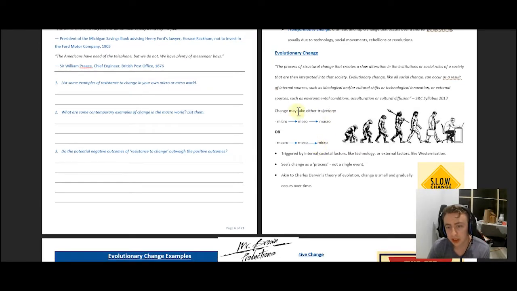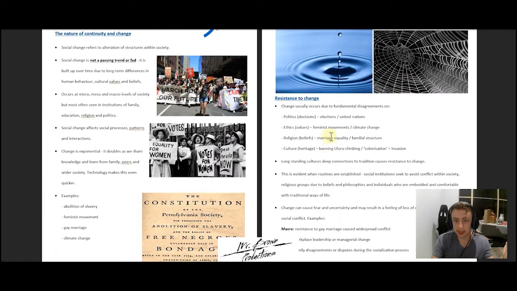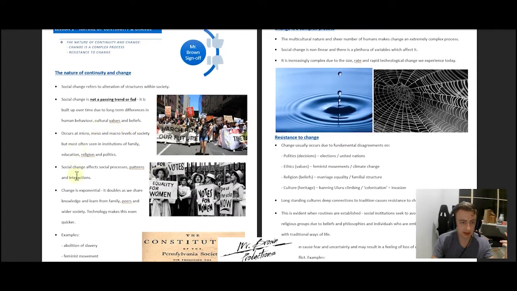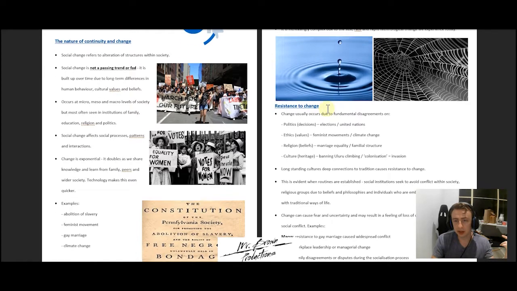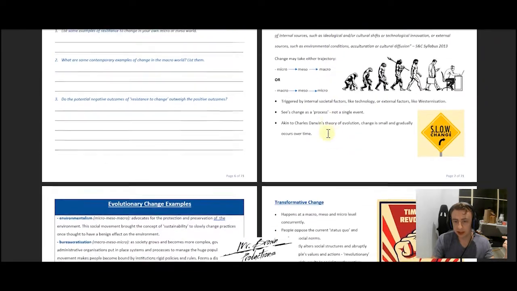So the change with evolutionary change usually starts from a micro to meso to macro level, or it goes from a macro to meso to micro level with evolutionary change. The reason it goes that way is because what we describe as linear change, I know last lesson we looked at that word linear and non-linear there.